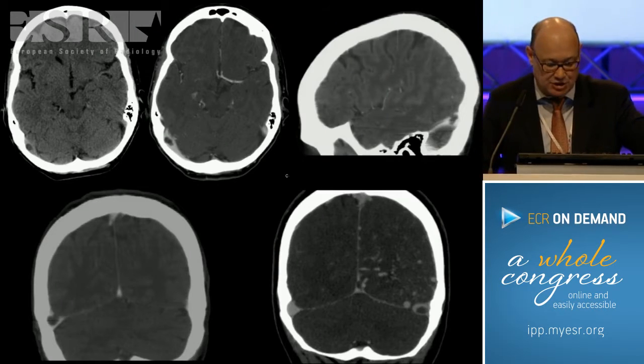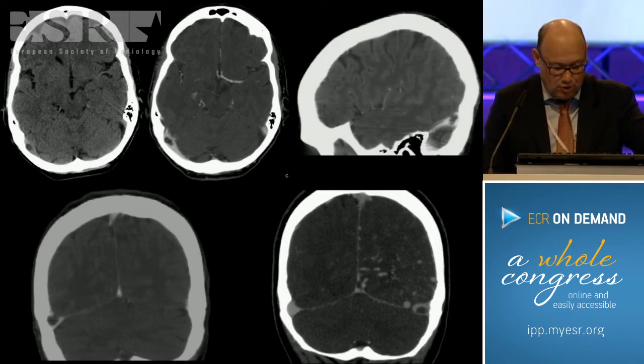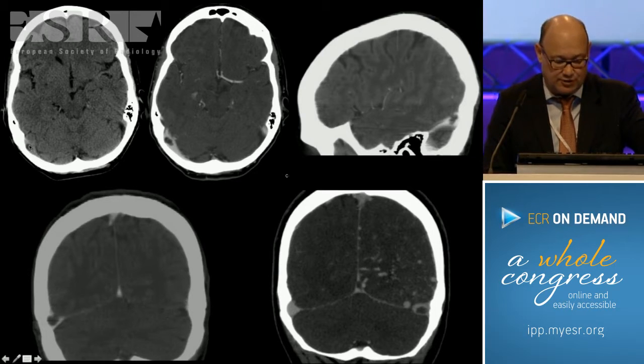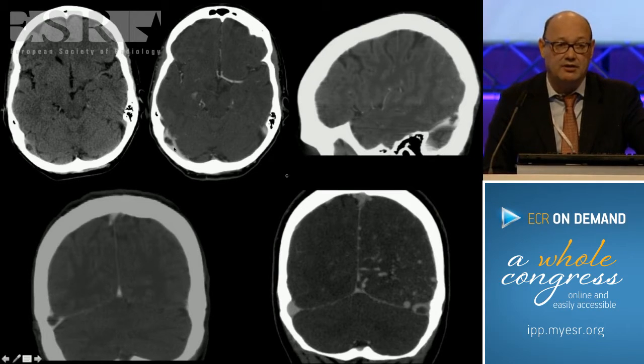CT examination of a patient who presented with a trauma. We see over here a hypodensity in the right transverse sinus. It could be interpreted as being sinus thrombosis. However, it is not.